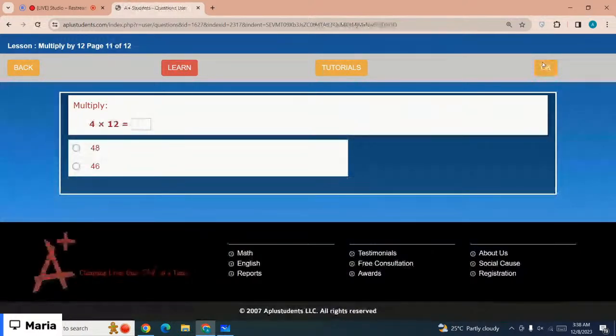Okay, 12 times 4 is... 46? Yes, it is 48. 12 times 4 equals 48. The correct option is 48, right?